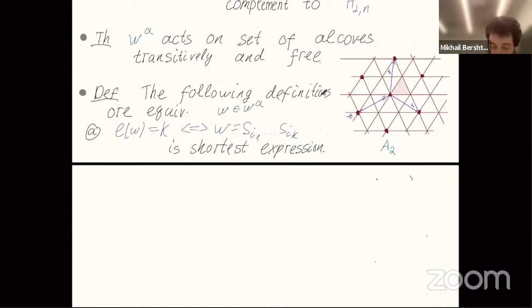So we define the length function l from W_A to the non-negative integers. It will be 0 for the identity element and positive for other elements.